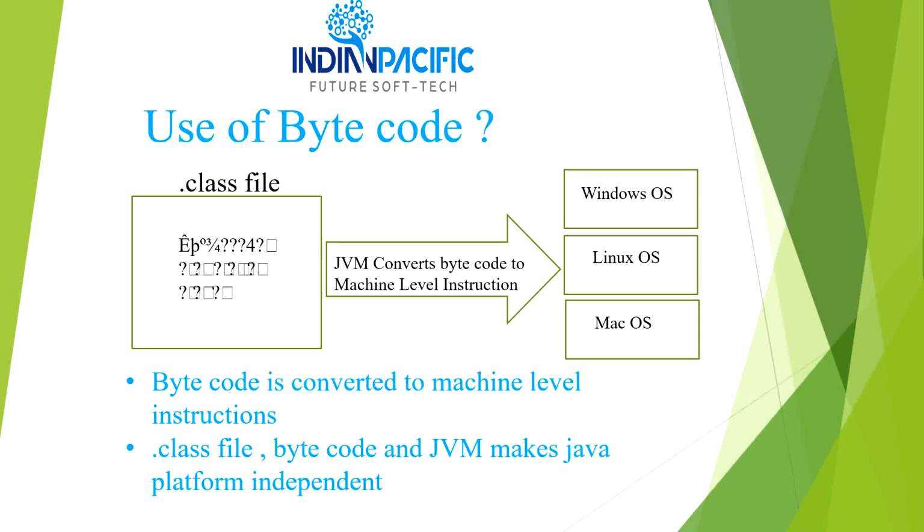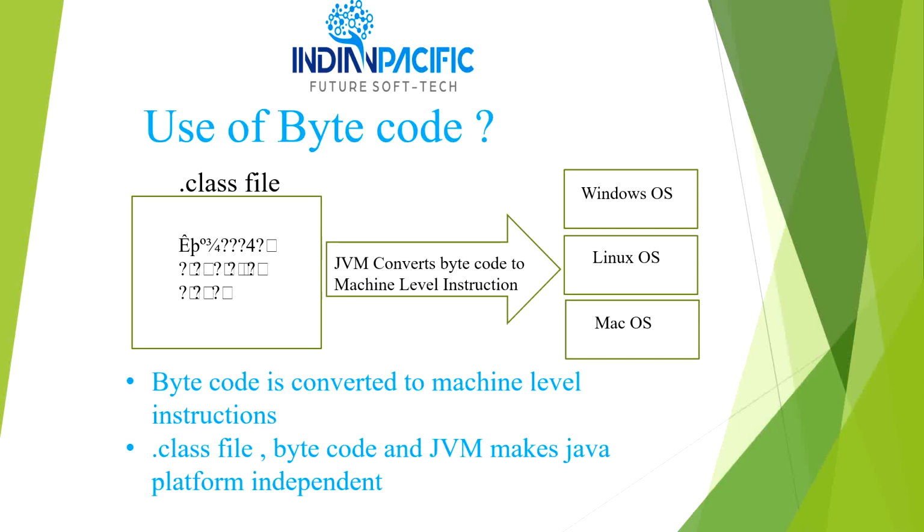But the JVM, JDK and JRE are not platform independent. As we know, whenever we download Java, they ask us which operating system we have. Based on that, they suggest a zip file or a tar file to download, and then we install Java based on our operating system.